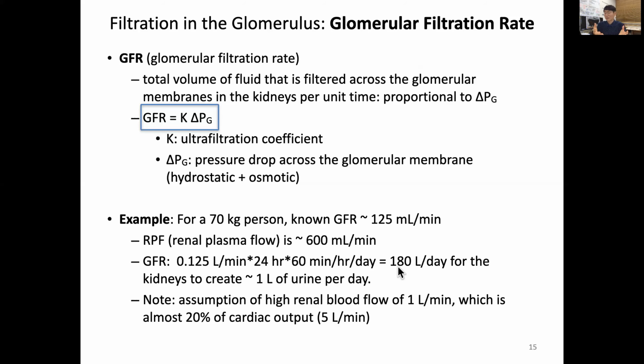However, in the end, only about 1 to 1.5 liters of urine comes out through the ureter and the bladder. So what's happening to the remaining, most of this water? It has to be reabsorbed.